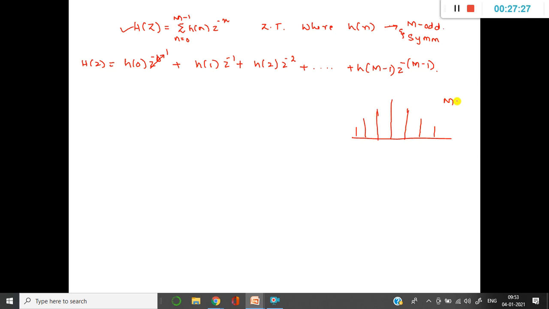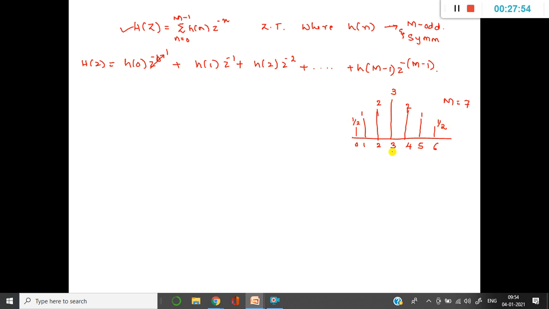Let us assume that M equals 7 for the time being: 0, 1, 2, 3, 4, 5, 6. So totally 7 samples, and assume this is 3, 2 and 2, 1 and 1, and let me consider this is half and half, the amplitude I am talking about.